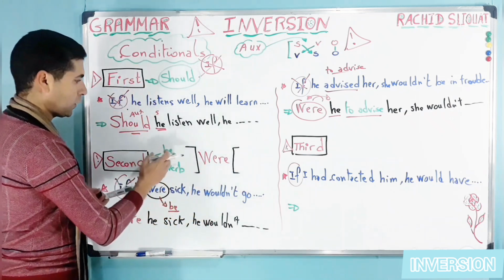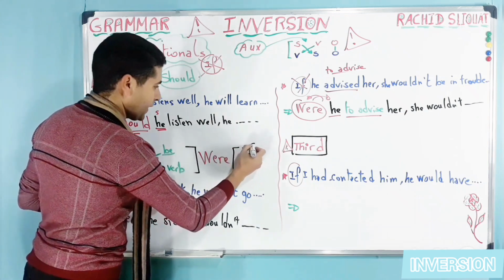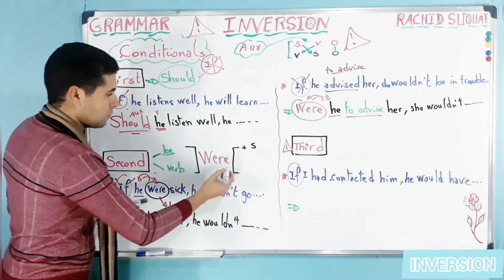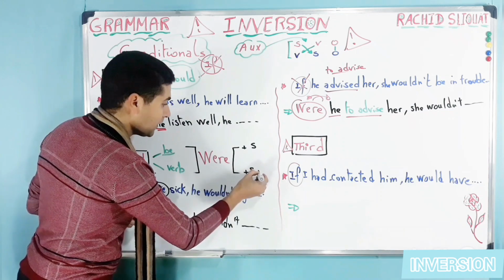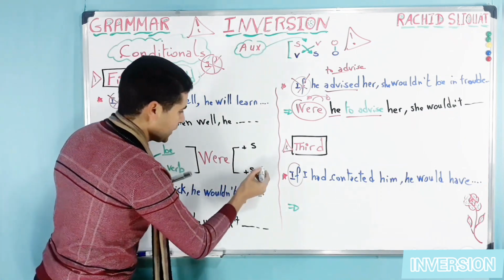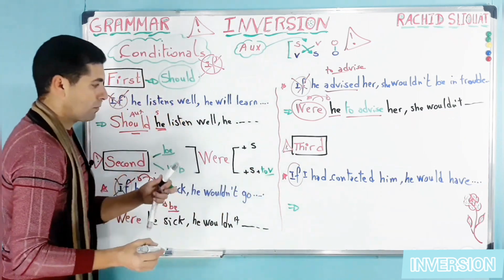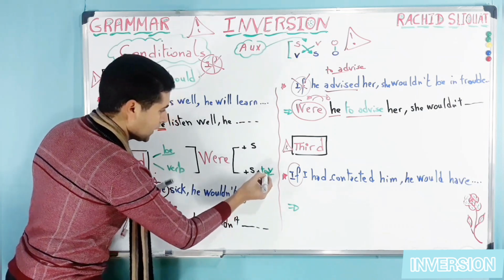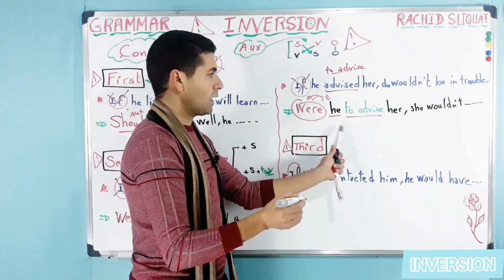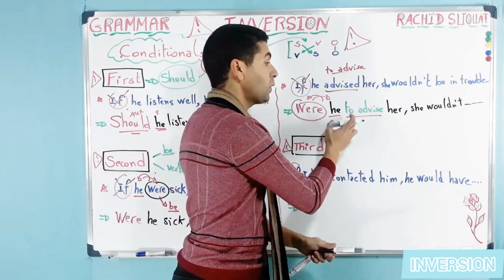For example, in number 1, were plus subject, and in number 2, were plus subject again, plus to plus verb, like we have here in this case. Were he to advise, infinitive with to.